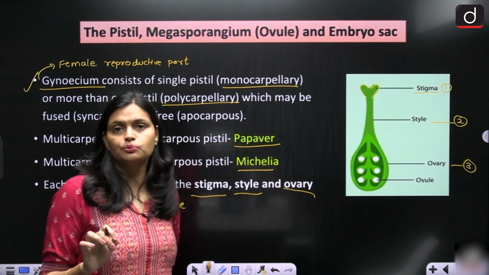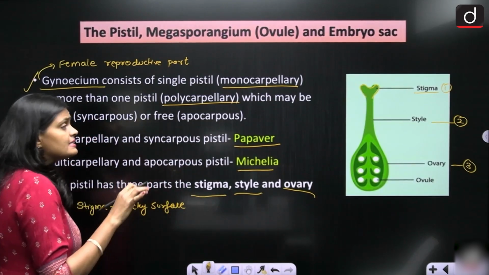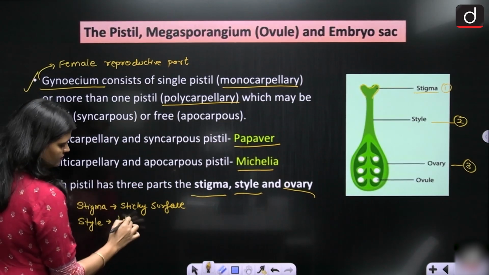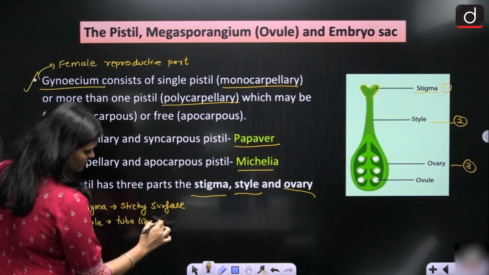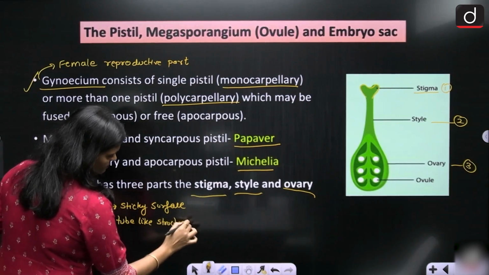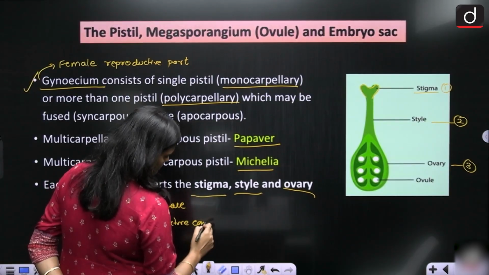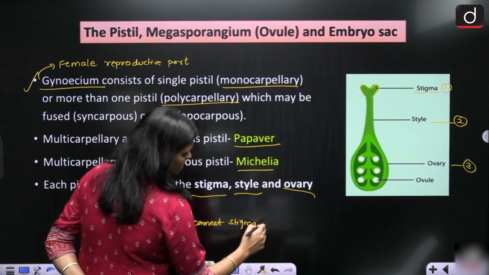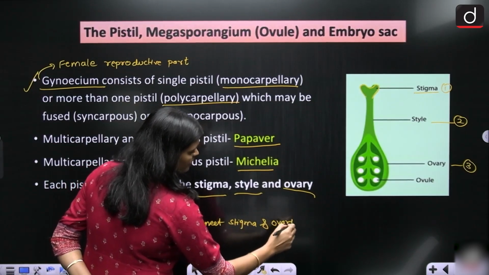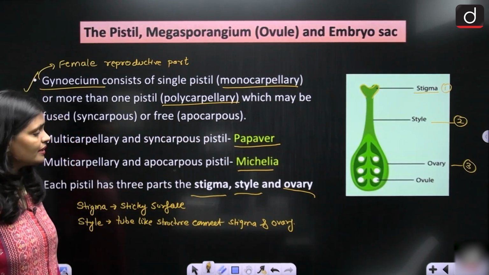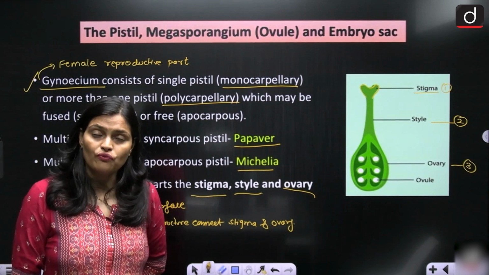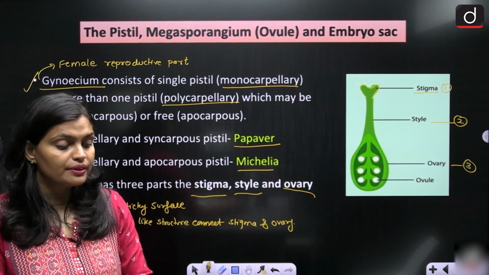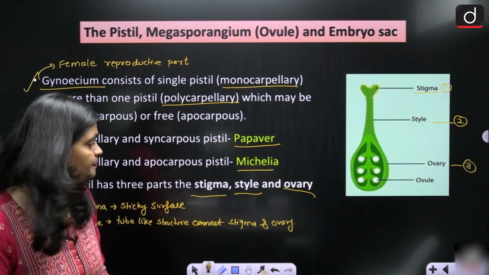Sticky means चिपचिपा होता है. Style is what? Tube-like structure, connects stigma and ovary, and it also helps the pollen tube reach the ovary. Okay.